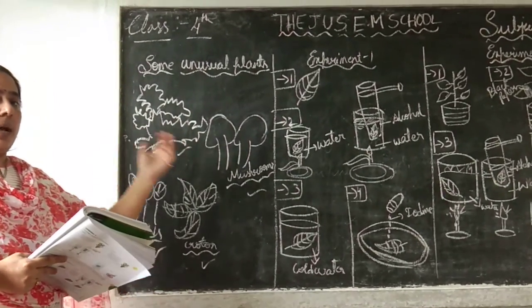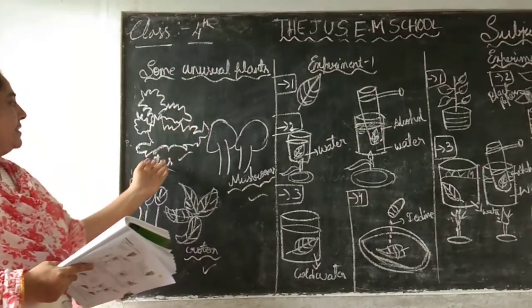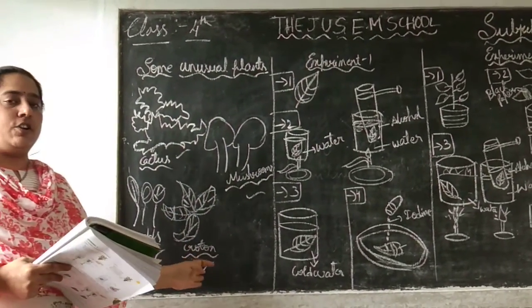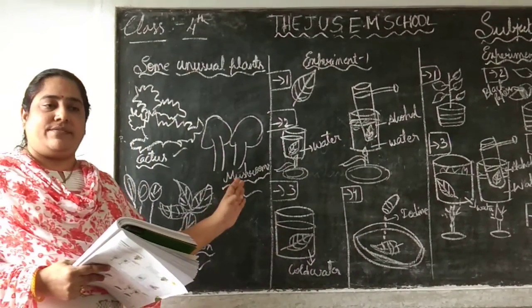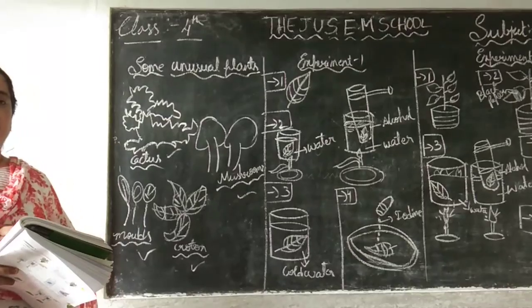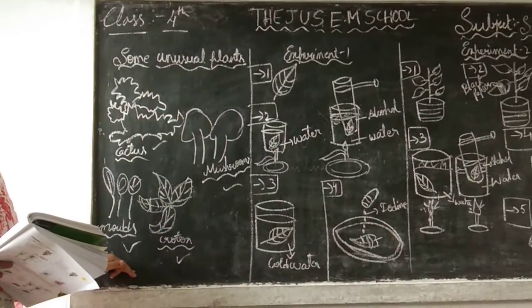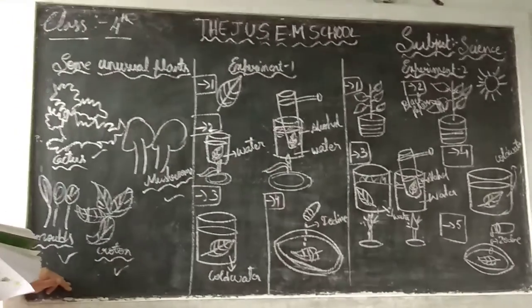Okay? Come back again once. What are some unusual plants? Cactus, mushroom, moss, and croton. These unusual plants don't have leaves. Then how do they prepare food? Mushrooms and moss get their food from dead, decayed animals and plants.